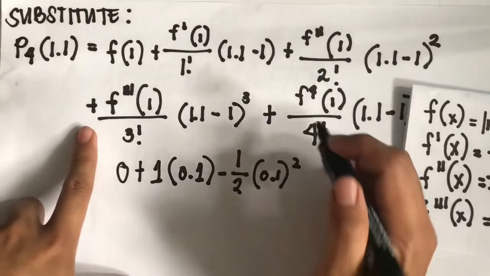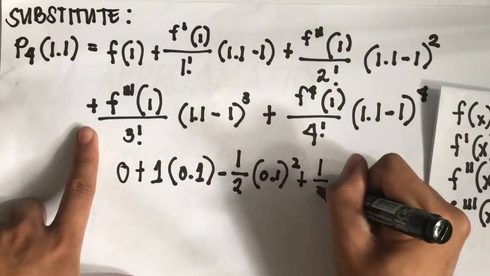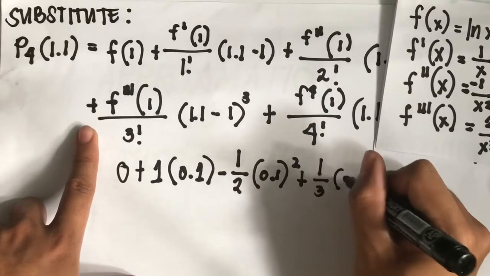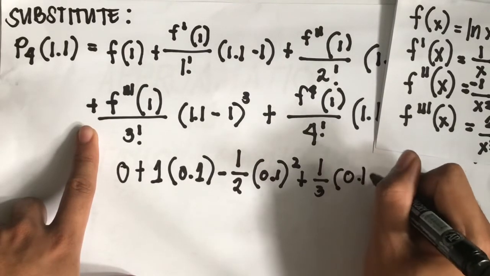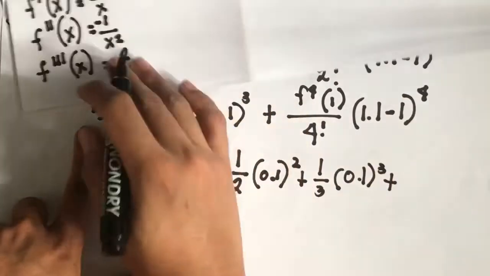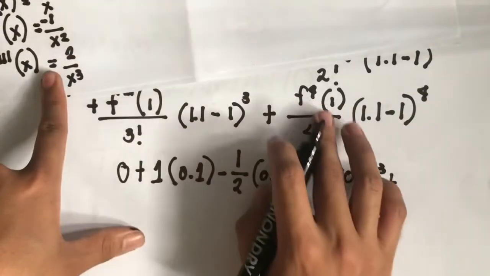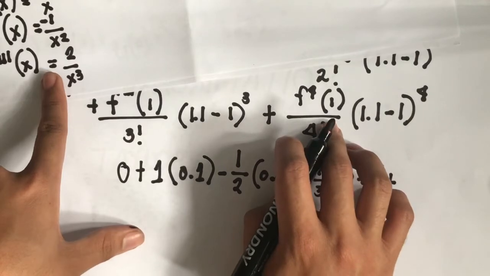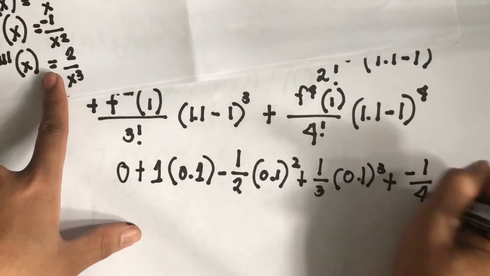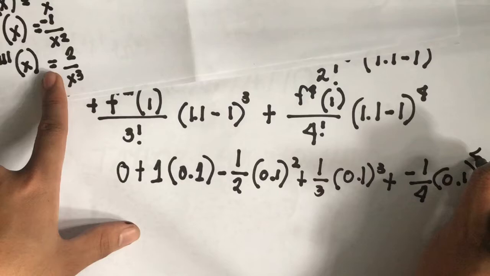Next, for the third derivative, plus 1/3 times the quantity 0.1 raised to 3. And for the fourth derivative, negative 1 over 4 times the quantity 0.1 raised to 4.